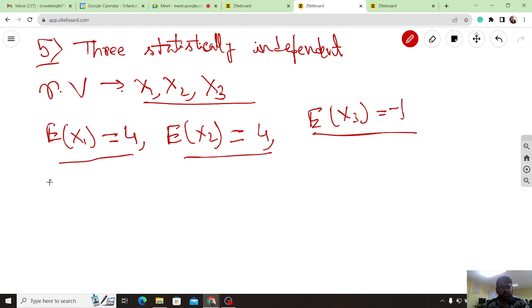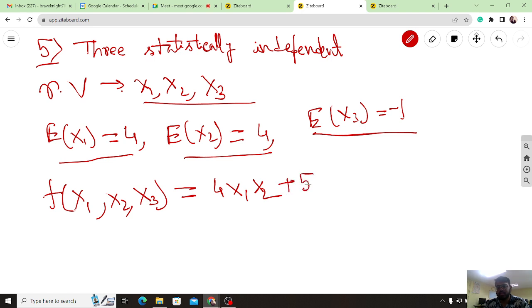So I have to calculate a mean value of a function f of x1, x2, x3, and the function is 4x1x2 plus 5x1x3 plus 5x2x3.